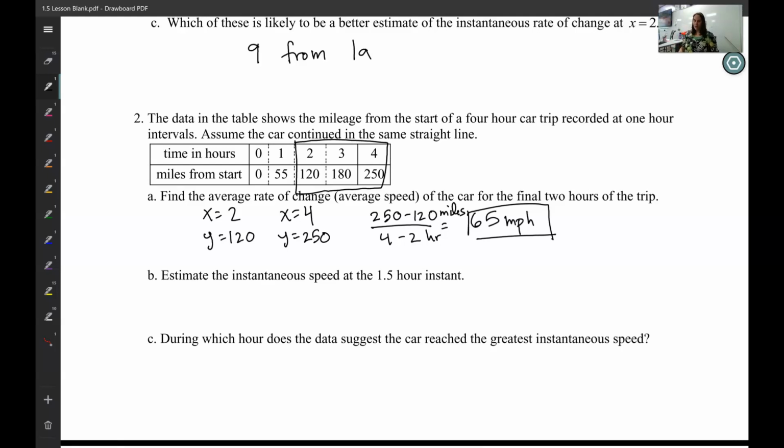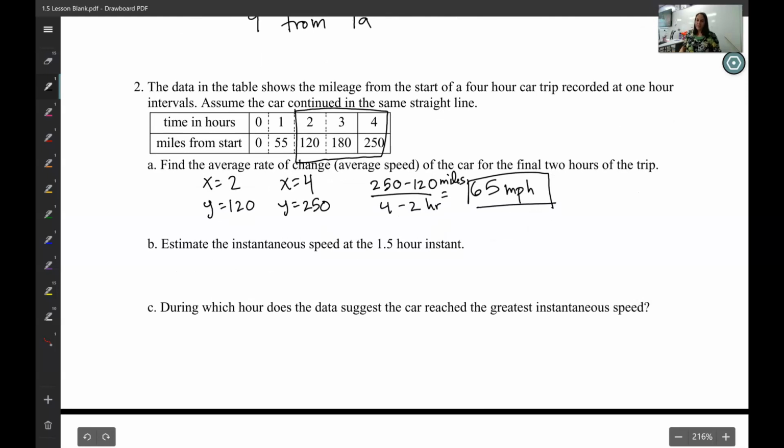Now, here comes a tricky question. I want to estimate the instantaneous speed at 1.5 hours. So right here in the middle of these two, I want to estimate exactly how fast I was going at 1.5. Now, we don't have the math to know how fast you were going at 1.5 yet. So that's why we have to estimate.